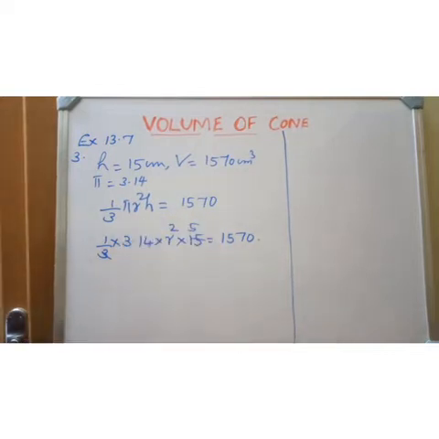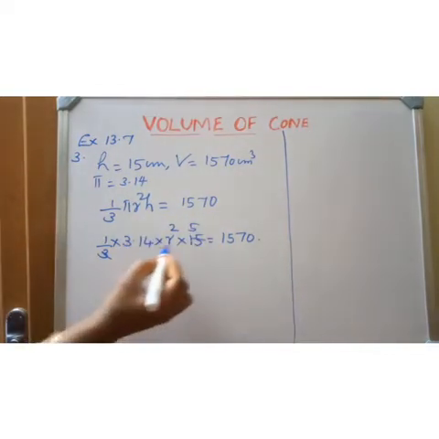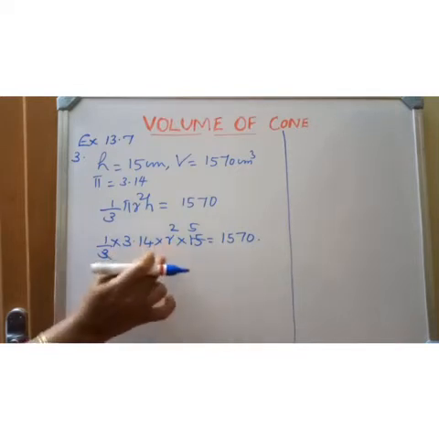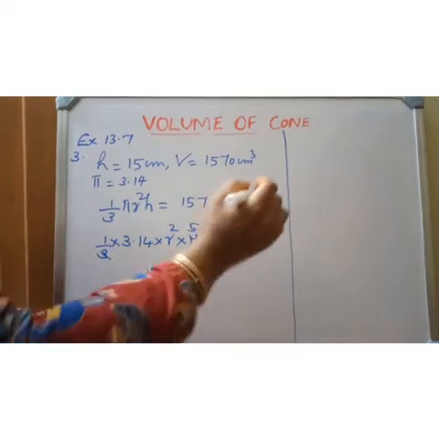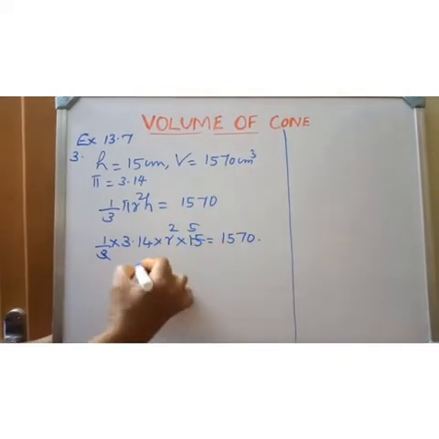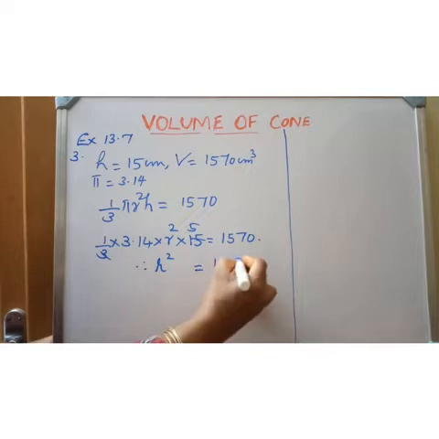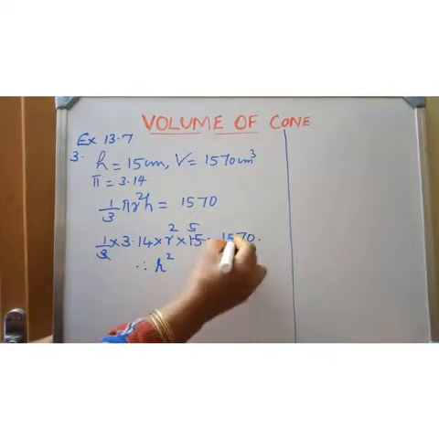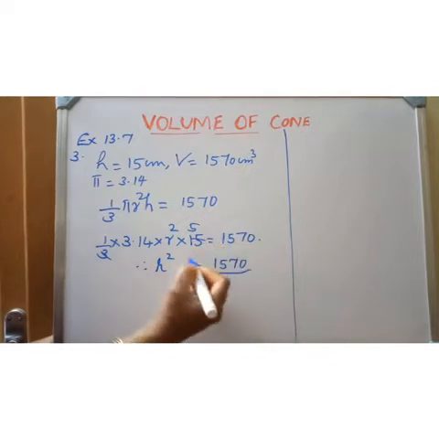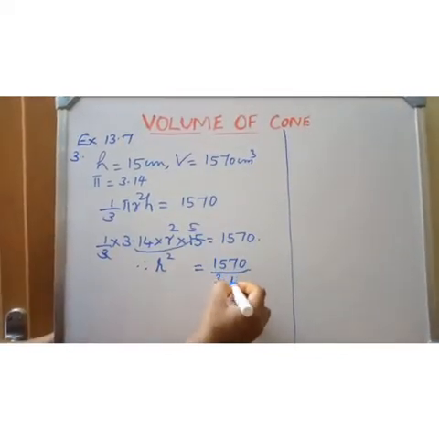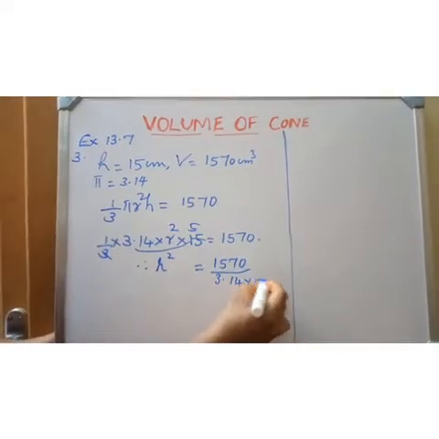Okay. So, you have to write 5 into 3.14 into r square is this much. Therefore, r square equal to, what will be our r square? 1570 divided by 3.14 into 5.